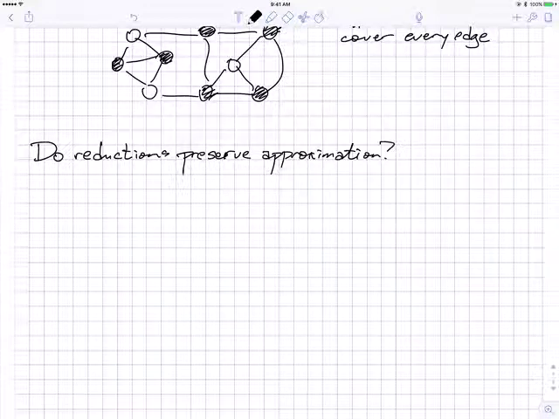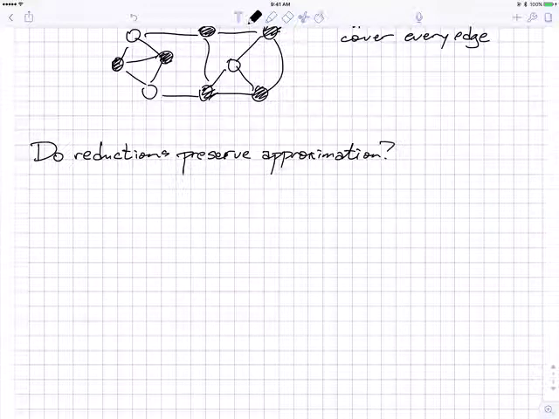The way that you prove that something is hard is you take a known hard problem and you solve it by reducing it to the problem that you care about, and saying, oh, but that's impossible because I know that the larger problem doesn't have a polynomial time solution. So I derive an algorithm for 3-SAT from an algorithm for vertex cover. Example. So you can say, oh, well, I've got an algorithm for vertex cover sitting right there. What if I plug in an approximation algorithm for vertex cover? Would that give me an approximation algorithm for 3-SAT?